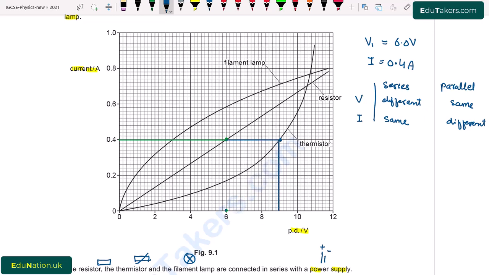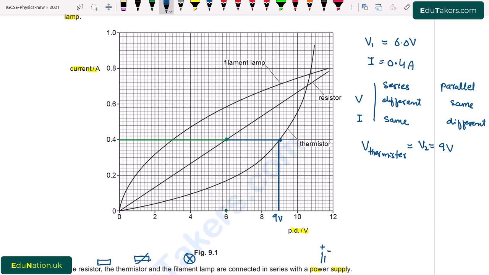Now we can see that this is the value of potential difference across the thermistor and it comes to be 9 volt. I write here V thermistor is equal to, suppose that it is equal to V2 and it is 9 volt.